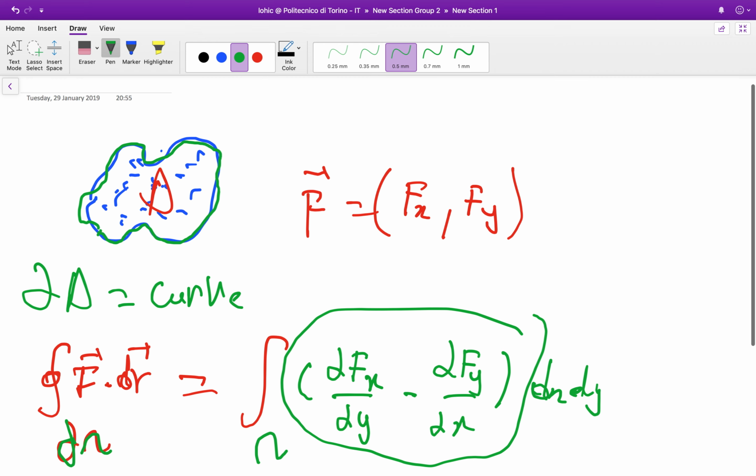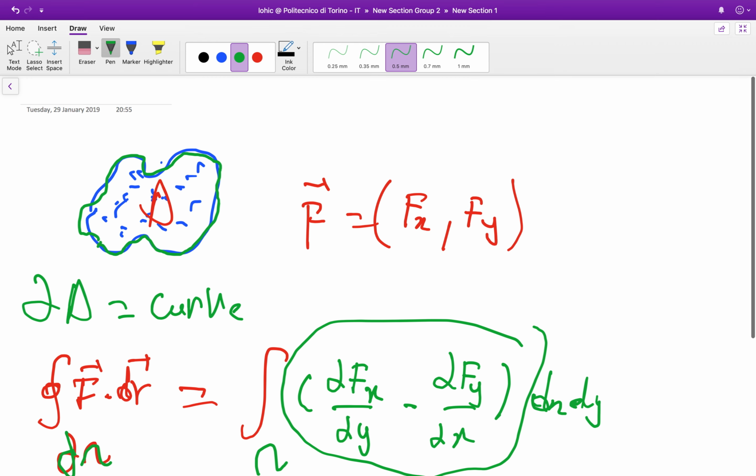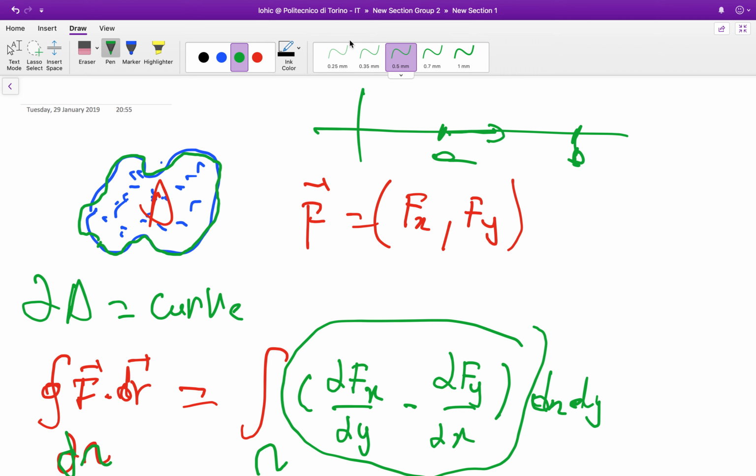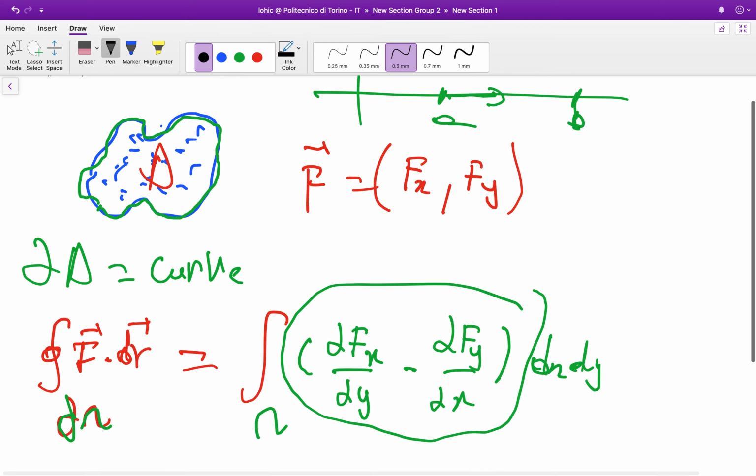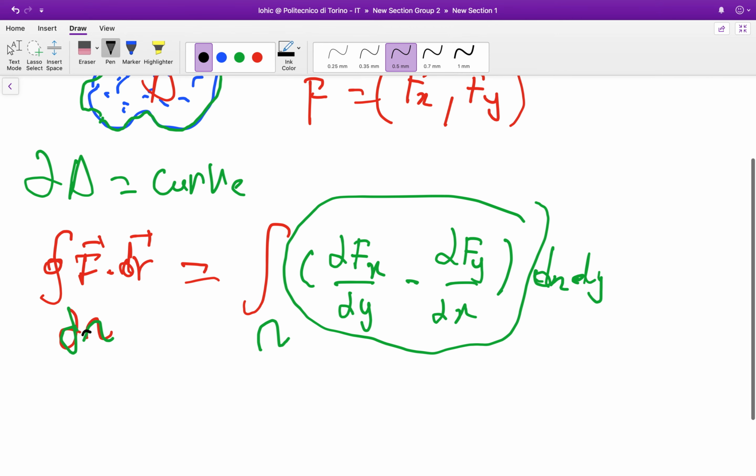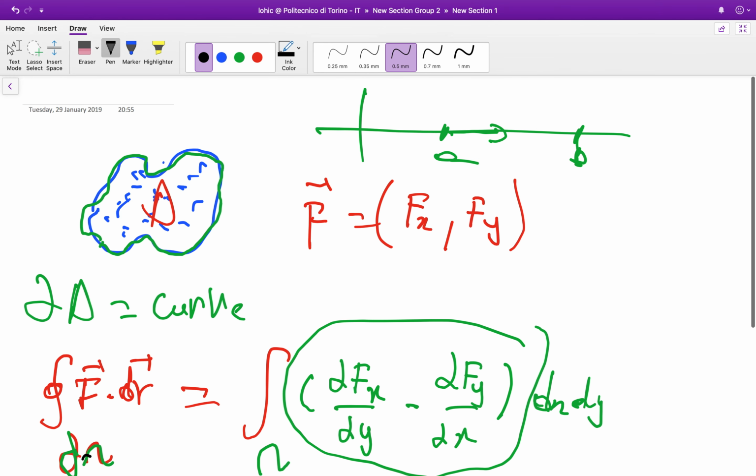But pay attention: in analysis 1, when you have an interval from A to B, there is only one direction, from the smallest number to the biggest. But when you have a domain and a border like this one, the problem is that one can move on the border counterclockwise or clockwise.